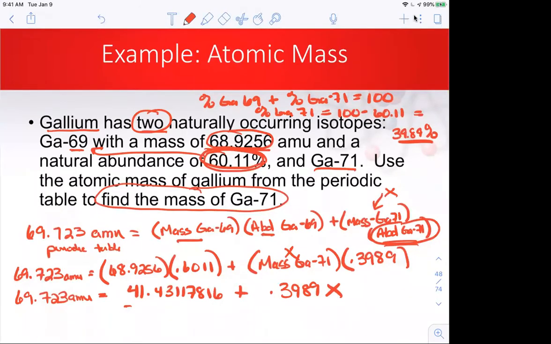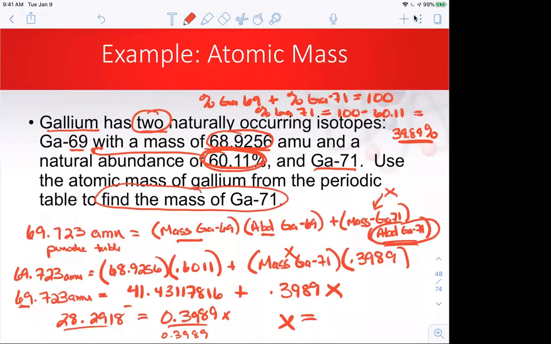So now I'm going to subtract: 69.723 minus my 41 is going to give me 28.2918, etc., which is equal to 0.3989x. So I solve for x by taking this and dividing by 0.3989.